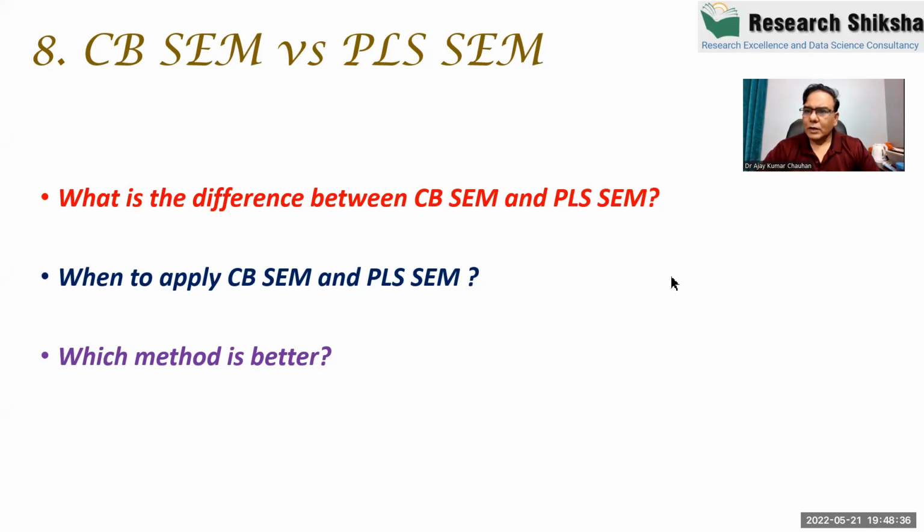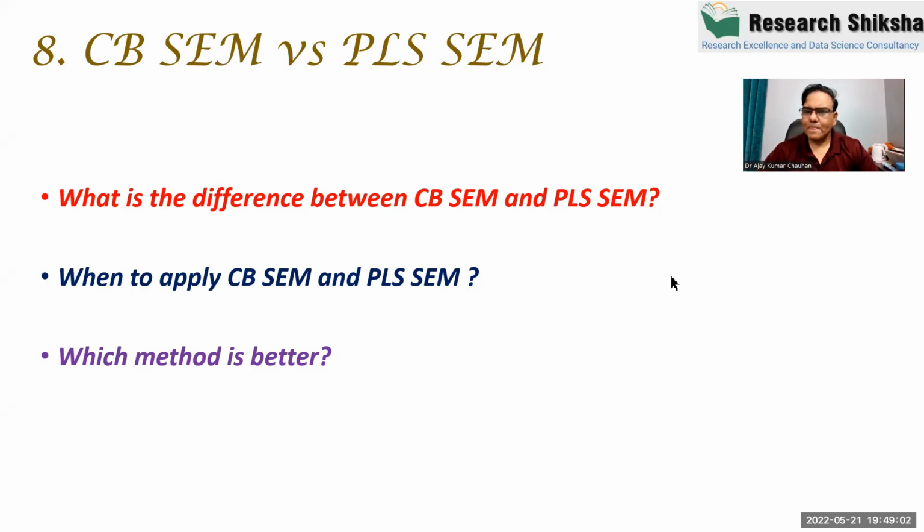The second type of SEM is based on regression modeling and not maximum likelihood estimation, rather the partial least square method. There is a software called AMOS. It is provided by the same company which offers you SPSS. So AMOS is a sister of SPSS; you can understand it this way.